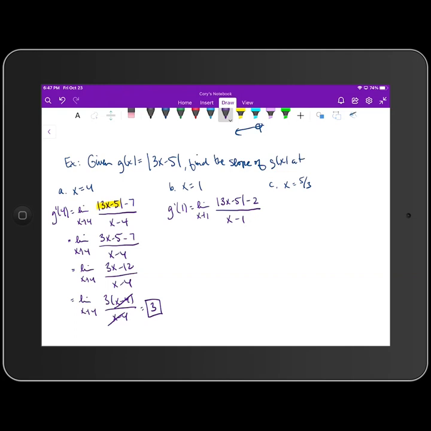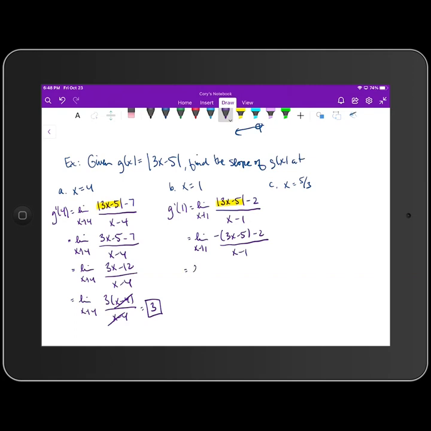Again, we have to figure out how we are going to treat this absolute value expression. If I plug values in that are close to 1, we're going to be taking the absolute value of something that's negative. And when we take the absolute value of something that's negative, we rewrite the expression inside the absolute value bars by taking the opposite of that quantity. So this becomes the opposite of 3x minus 5, minus 2, over x minus 1.